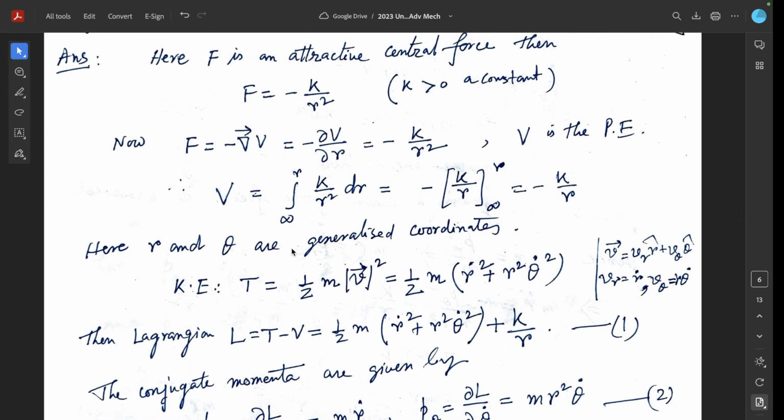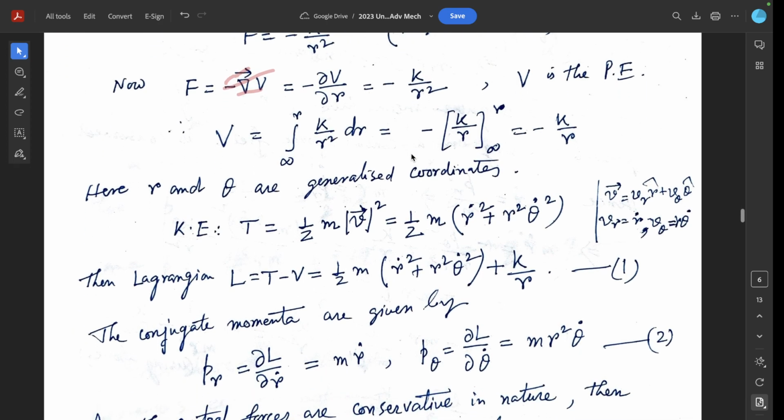Here r and theta are generalized coordinates. Actually, here we write only this term, which is a function of r only. Here F is minus ∂V/∂r, a function of r. So we get this.